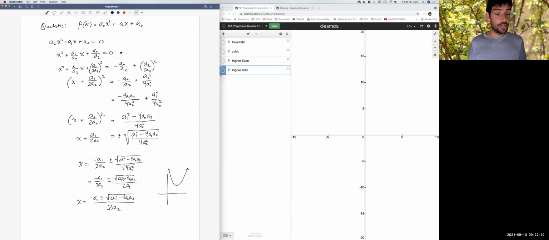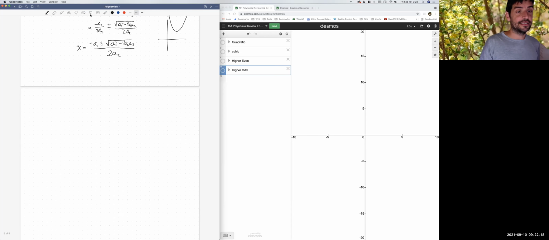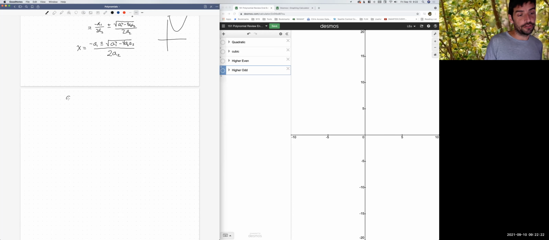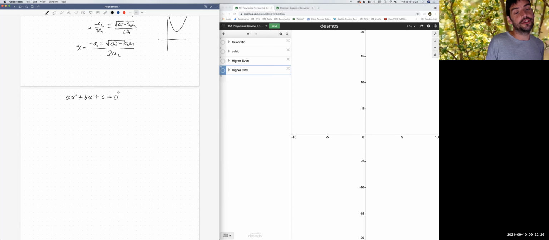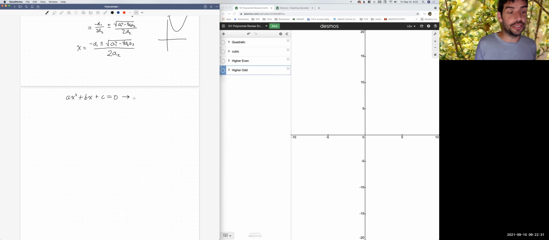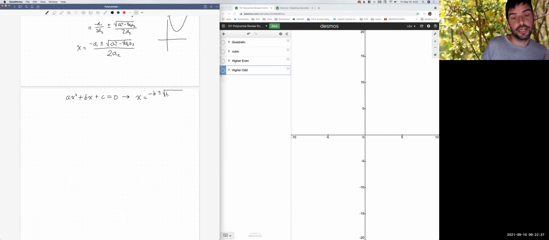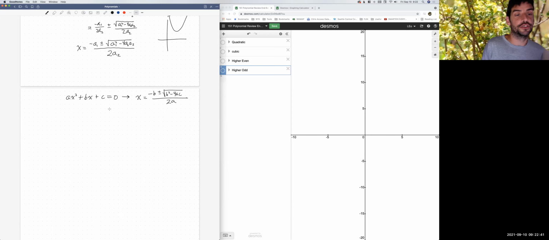Right, okay, so just in case this is a little too unfamiliar, this is exactly the same thing. What you're probably more used to seeing is ax squared plus bx plus c equals 0. If we solve that equation, we do the exact same things. It's just relabeling. We get our solutions as negative b plus or minus the square root of b squared minus 4ac all over 2a, right?